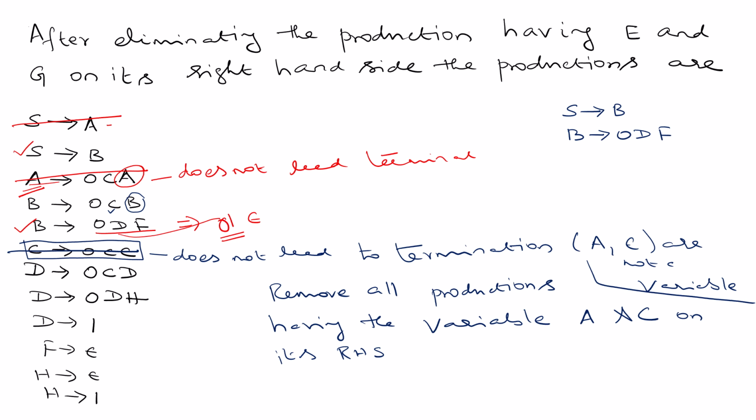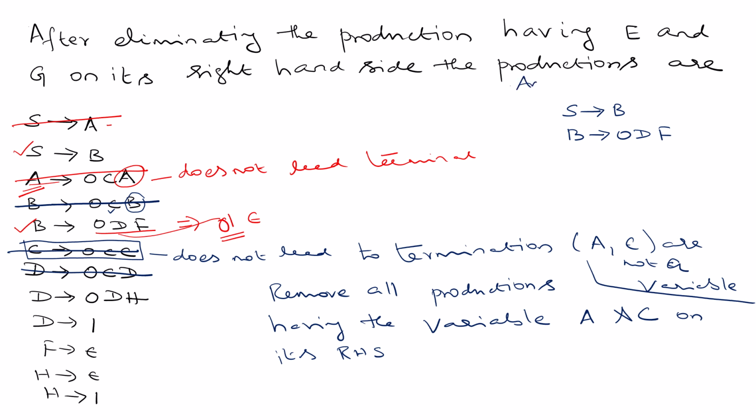So what are all the productions we are having with C and A? This one, D implies 0CB, is not there. It should not be included. All others can be kept. B implies 0CB cannot be included. So the remaining productions are the valid productions.